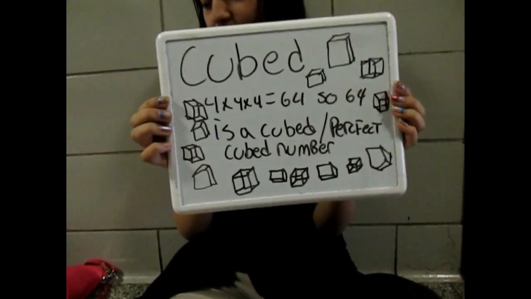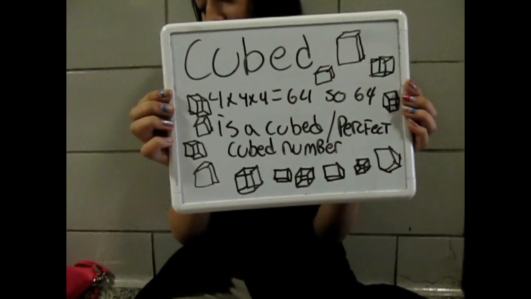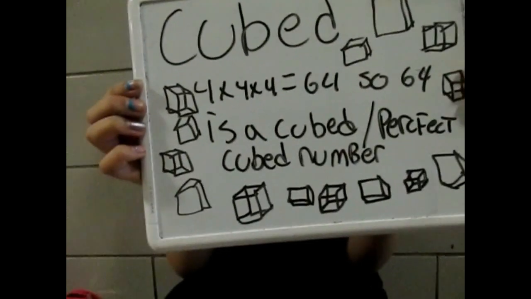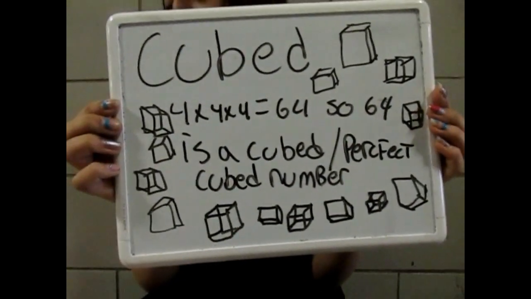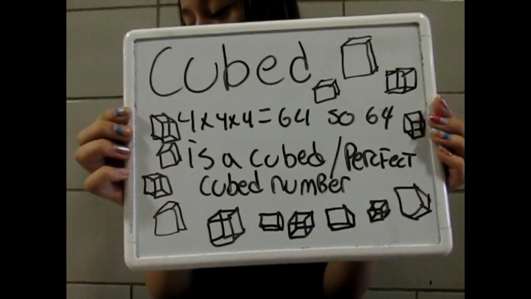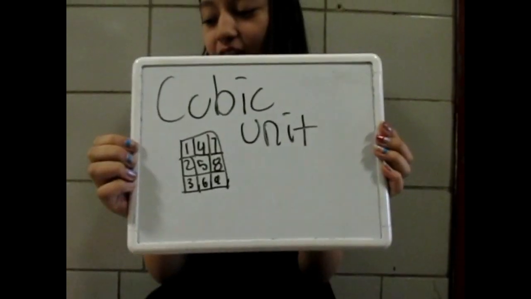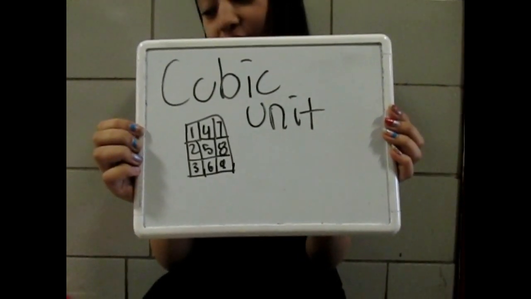A cube is what you get when a number is used in multiplication 3 times. Example, 4 times 4 times 4 equals 64, so 64 is a cube or perfect cube.